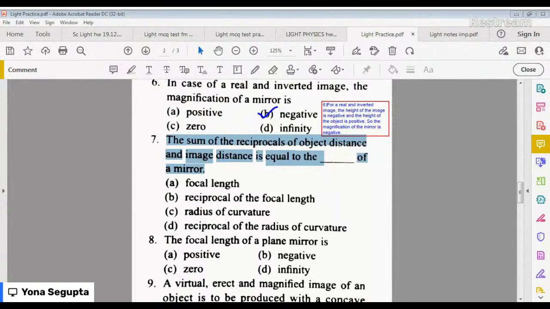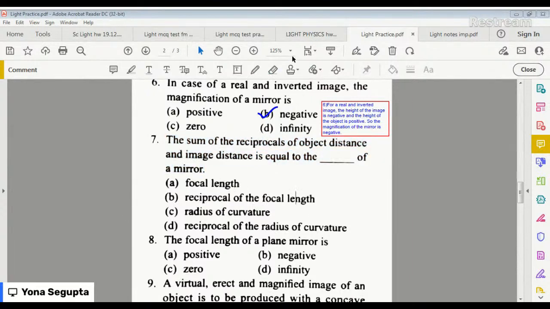Okay. So I'm getting answers. Some are correct, some are different. Okay, many are different, many are correct. So what will be the answer here? The sum of the reciprocals of object distance and image distance is equal to the reciprocal of the focal length of the mirror.